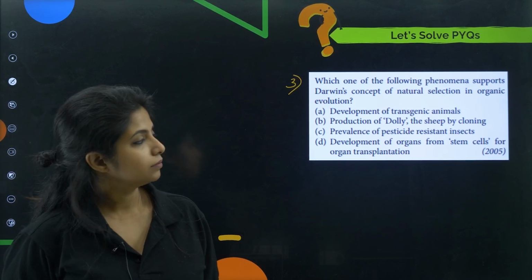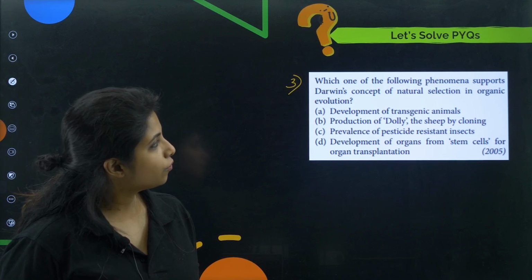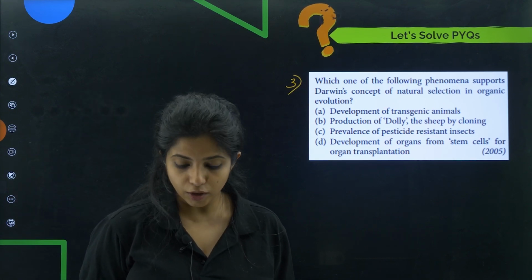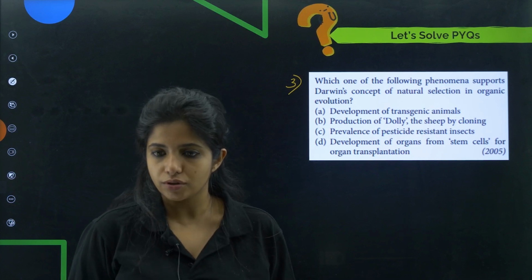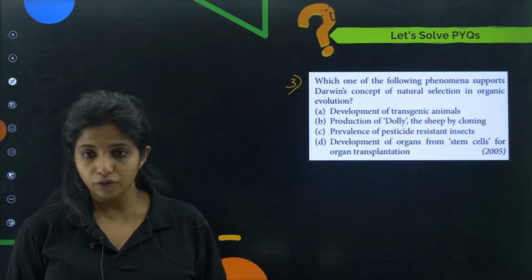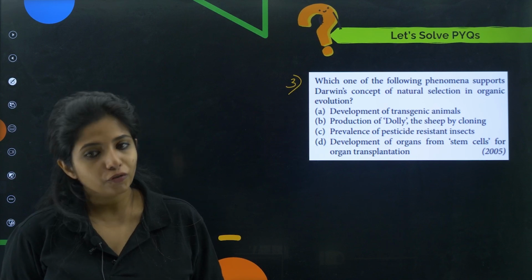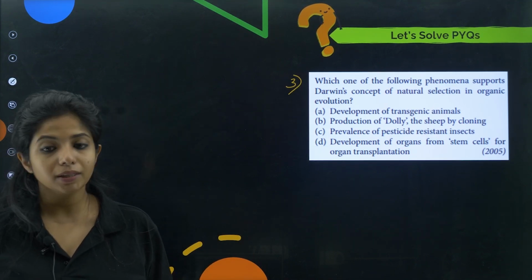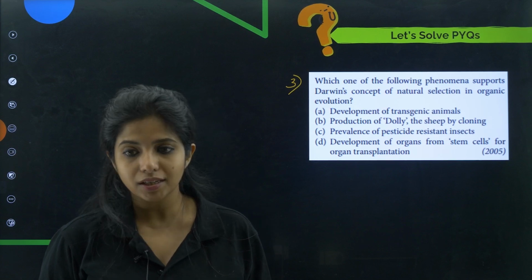Use your own brain a little, read it once more, see what is common among these options and what is not common among one option. There is one option that stands out from all of the others, so you have to find that. Again I'll repeat the question, I'll make you understand the question. The thing to find the answer is yours.